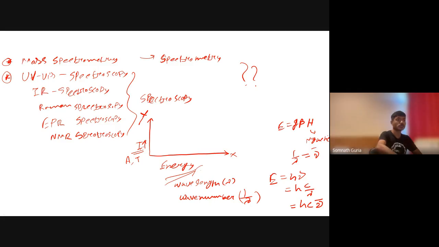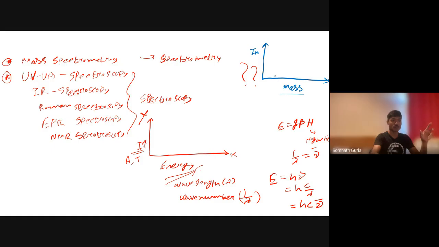In mass spectrometry, if you look into the mass spectrum, you will get the mass on the x-axis, and there will be an intensity term. It shows the mass of the molecule over here and the intensity over here. But spectroscopy always has energy on the x-axis, whereas in mass we are only getting the mass.